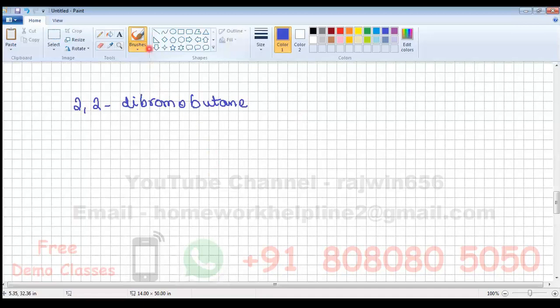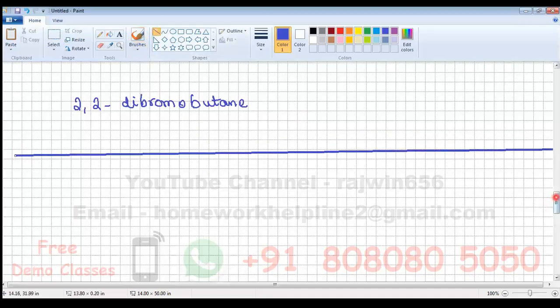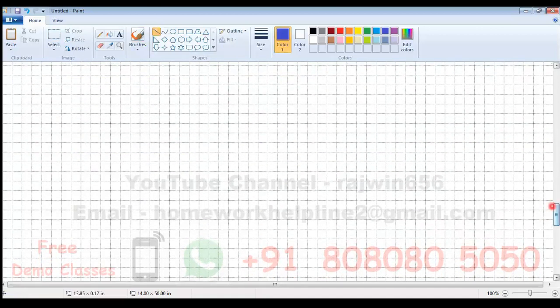Okay, next example. In pentene, can there be pent-1-ene, pent-2-ene, and pent-3-ene? You can't have pent-3-ene. Pent-1-ene and pent-2-ene are possible. Why? Just see this.